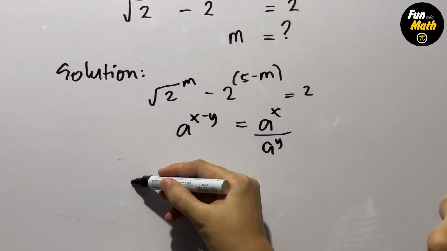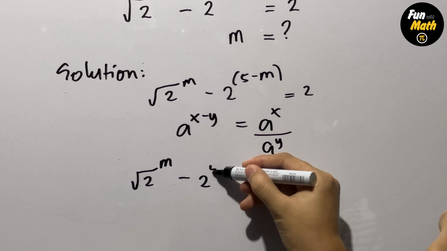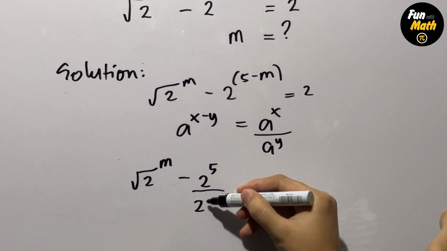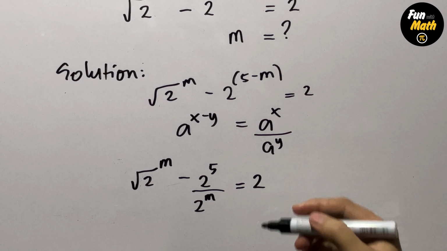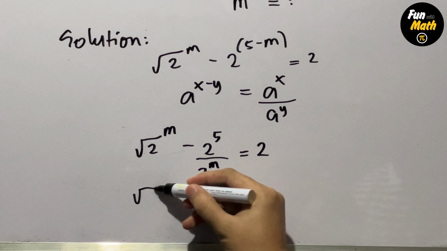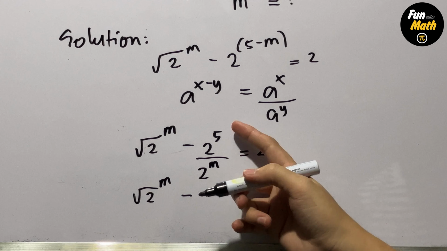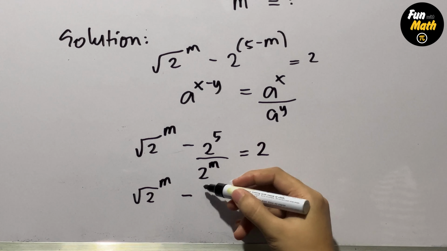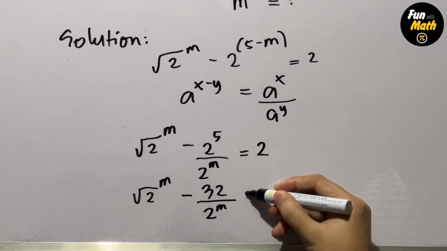So this is now square root of 2 to the power of m minus 2 to the power of 5 over 2 to the power of m is equal to 2. Next, 2 to the power of 5 is equivalent to 32, so we have square root of 2 to the power of m minus 32 over 2 to the power of m is equal to 2.